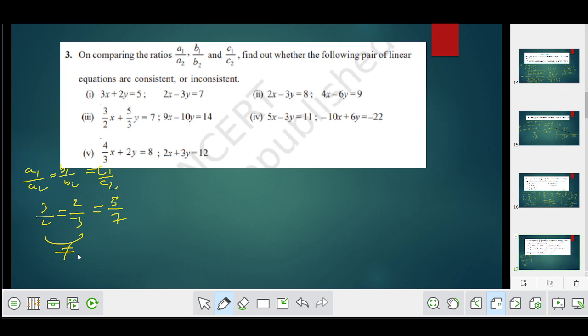If these are not equal, that means the constant term is not maintained. What will be? There is a solution, because these are intersecting each other. Unique solution. So there is a solution. We can say that this is consistent.